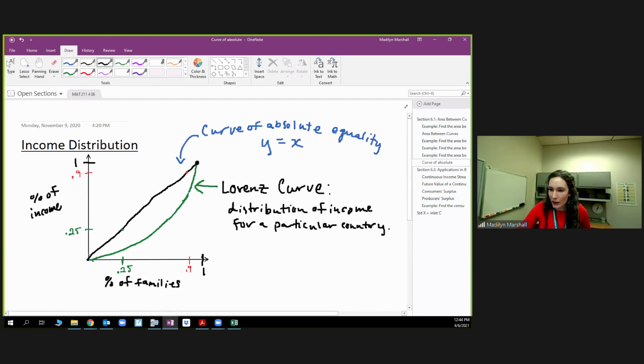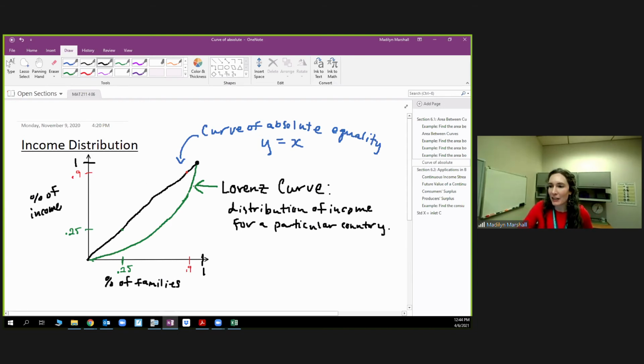So a country is going to have a curve that looks more like this, where the lower percent of families probably have less income, and then the super wealthy people are going to have more of the income. And so the way that the Lorenz curve compares with the curve of absolute equality can tell us how evenly income is distributed in a country.